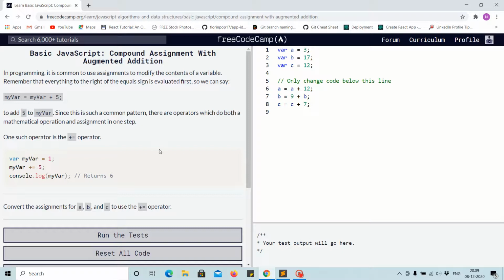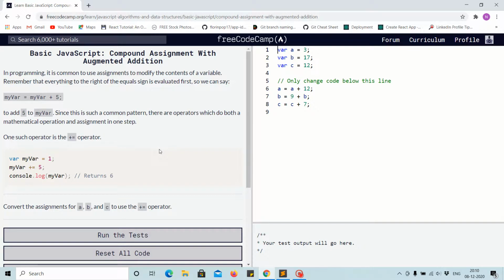In programming, it is common to use assignments to modify the content of a variable. Remember that everything to the right of the equal sign is evaluated first. So we can say myVar equals myVar plus 5 to add 5 to myVar.